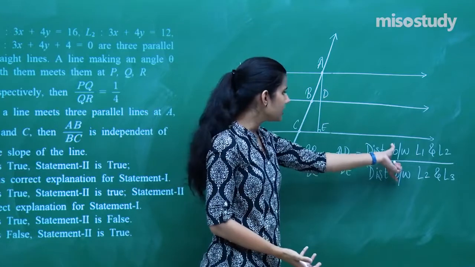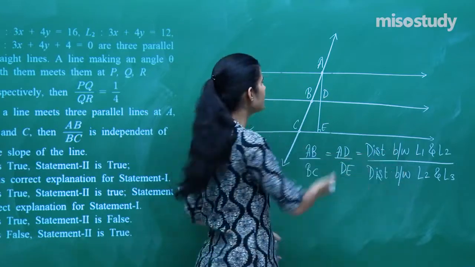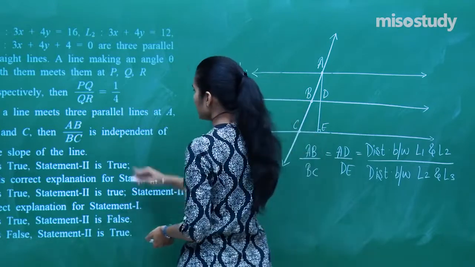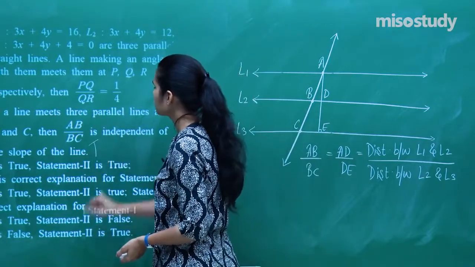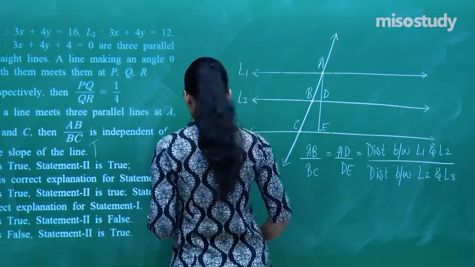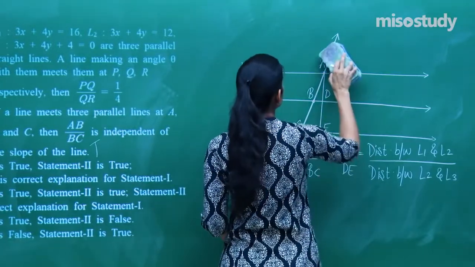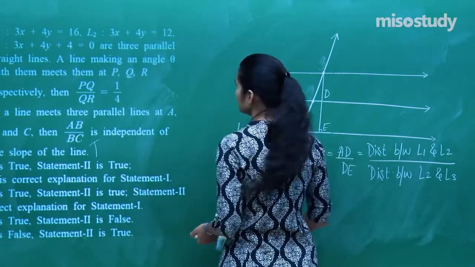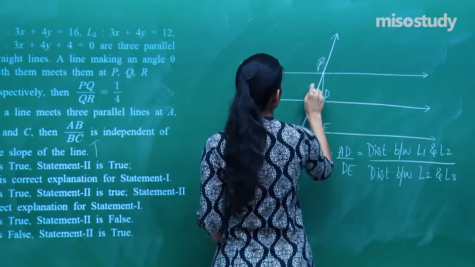So therefore this ratio is not at all going to change even when the slope of this line changes, and therefore statement 2 is correct, that AB upon BC is actually independent of the slope of the line which is intersecting the three parallel lines. Similarly, here it says that suppose, now instead of ABC, it says that suppose it is meeting them at PQR.